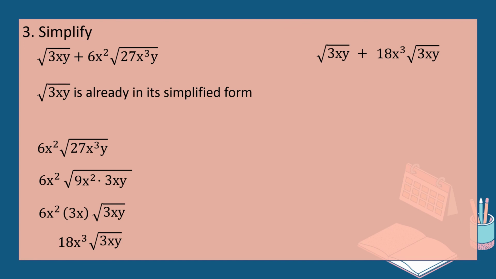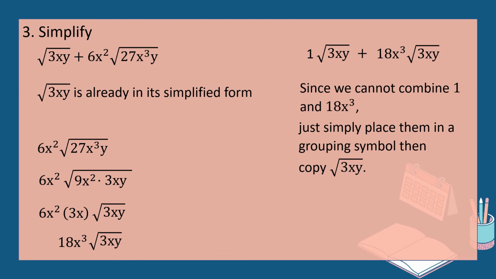Notice that our radicals are now similar. So we are now ready to combine the terms before the radicals. In our first term, our coefficient is invisible, and that is 1. Since we cannot combine 1, which is a constant term, and 18x cubed, which is a cubic term, just simply place them in the grouping symbol, then copy square root of 3xy.